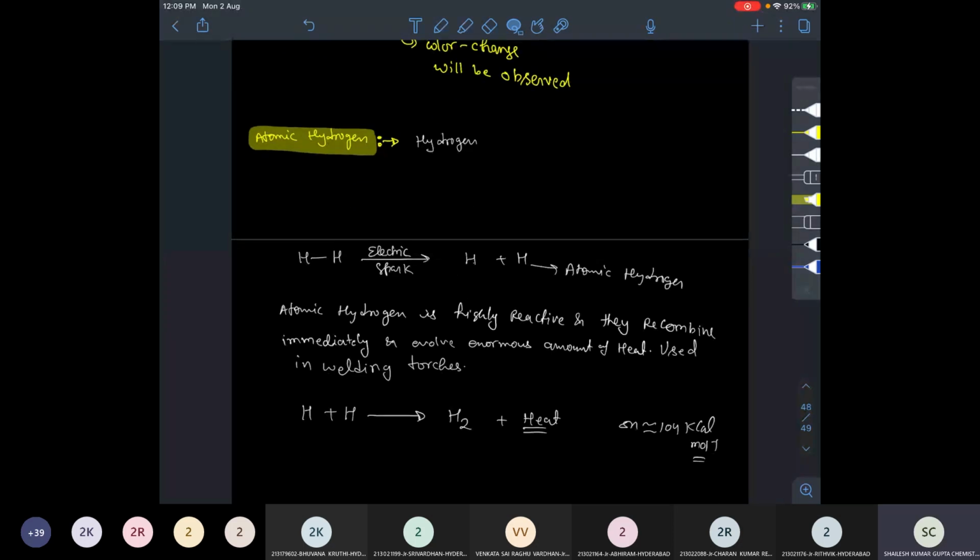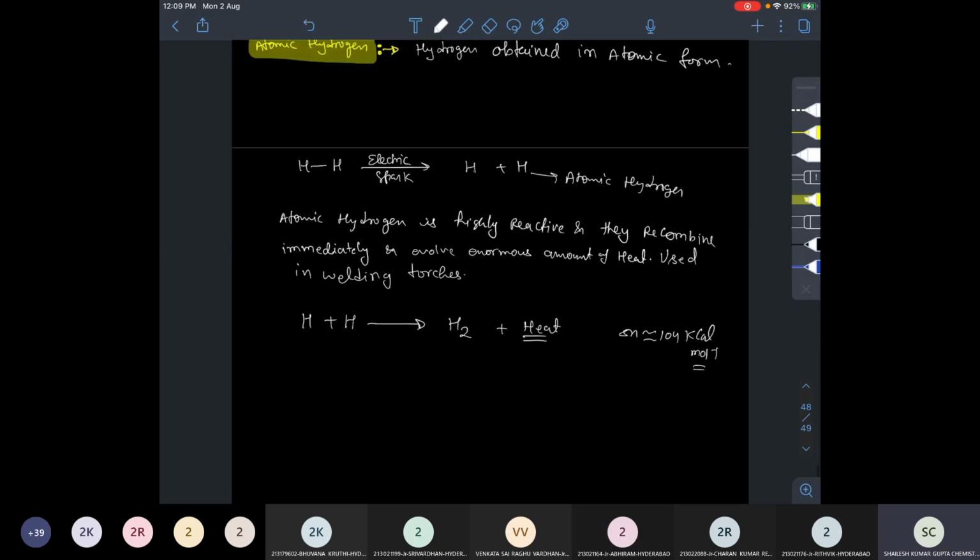So then what is atomic hydrogen? Obviously, hydrogen obtained in atomic form. You supply the energy. Mostly electric spark, as I told you, is the best thing that you can do.